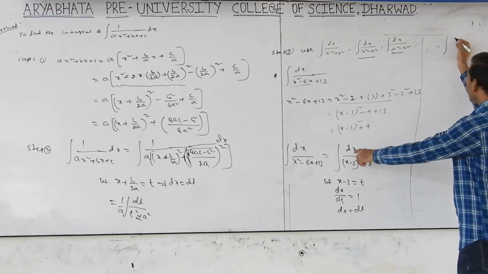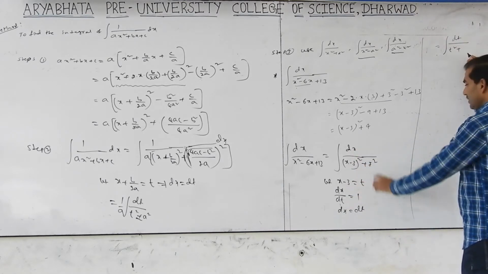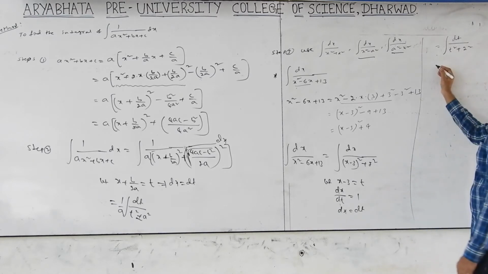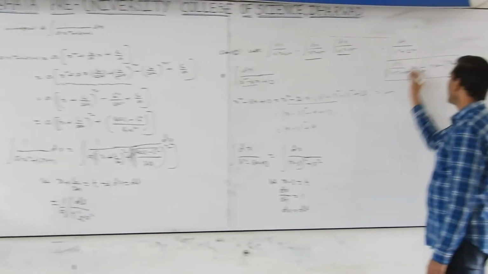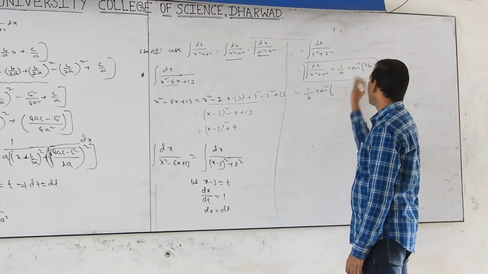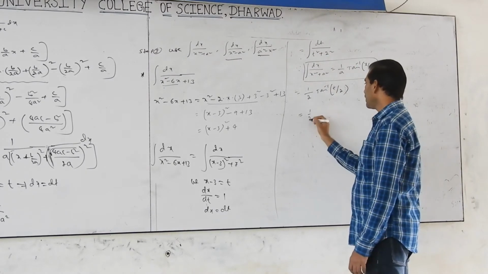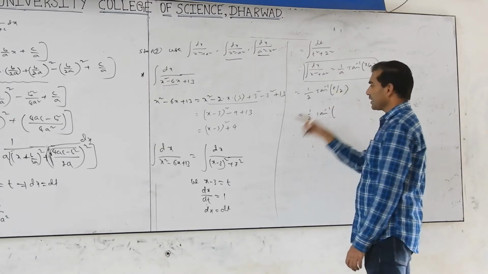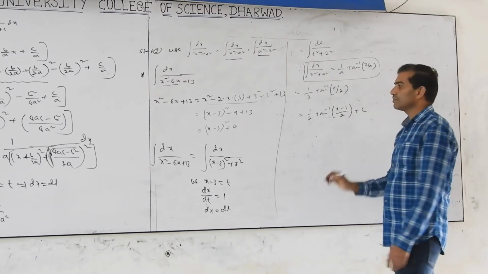Integration of dt by t square plus 2 square is in the form of the formula dx by x square plus a square equals 1 by a tan inverse of x by a. So 1 by 2 tan inverse of t by 2, that is 1 by 2 tan inverse of x minus 3 by 2, plus c. That is the answer.